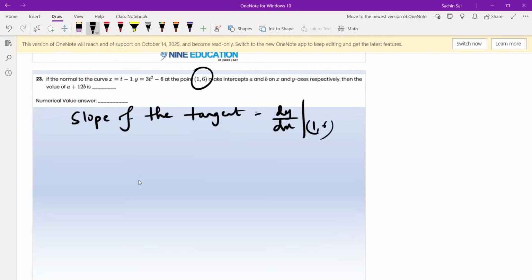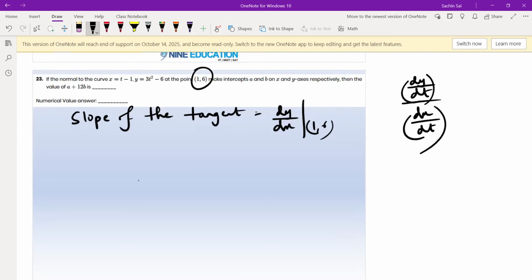Now, y and x again are given in terms of t, right? So whenever possible, you can write y in terms of x, or you can use the earlier method, right? One way of doing this is writing dy by dx as dy by dt divided by dx by dt.